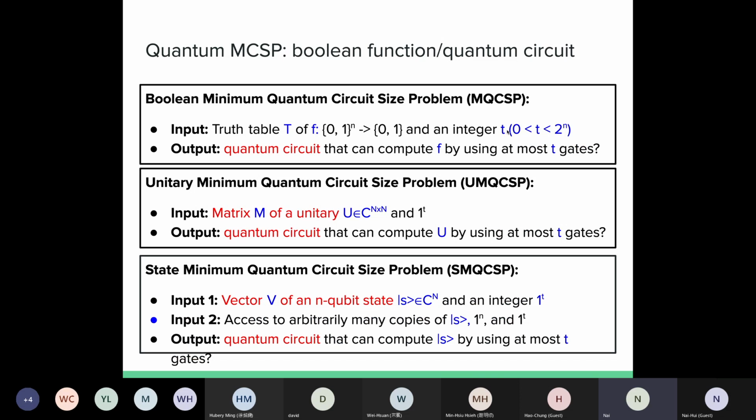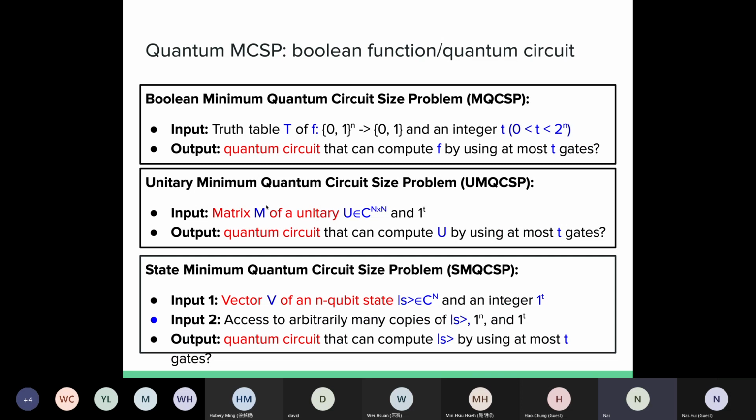And we output a circuit that can compute F by using at most T gates. Sorry, here it is still a decision problem, but because I want to put everything in one slide, it looks like a search problem. Here I'm talking about the decision problem, which is to decide if there's a quantum circuit that can compute F by using at most T gates.